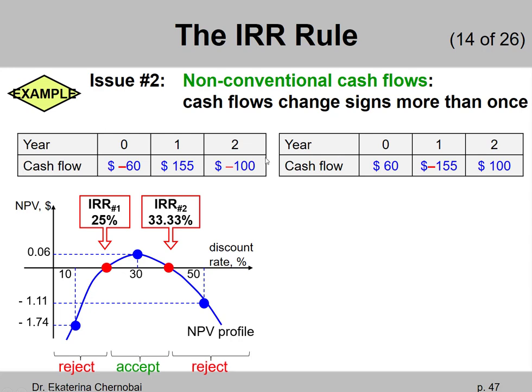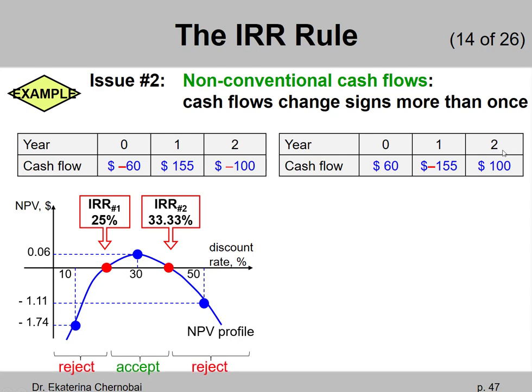And guess what? Let's look at another example here, side by side. I'm keeping the same dollar amounts, but I'm switching their signs. So in year 0, the cash flow is 60. That's a cash inflow. In year 1, the cash flow is 155, but this time it's negative, a cash outflow.